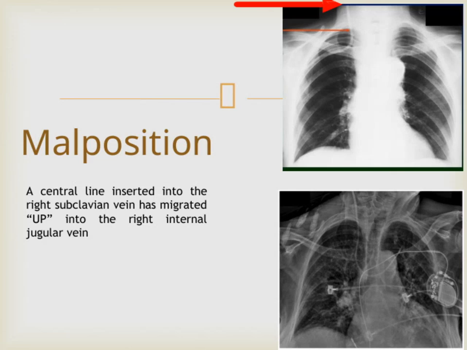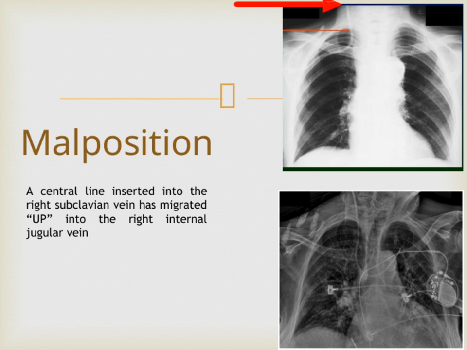In this slide, we're looking at a situation where a central line, which was inserted into the right subclavian vein, has migrated upwards into the right internal jugular vein. This is a classic example of malposition. Essentially, instead of remaining in the intended vein, the catheter has shifted into an adjacent vein, which can happen for various reasons.